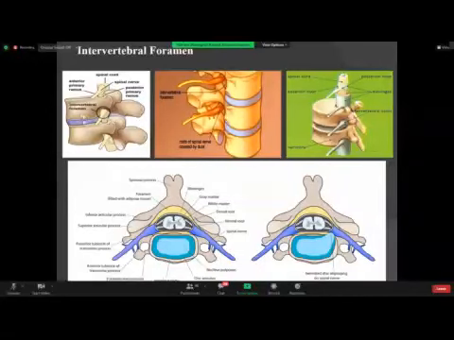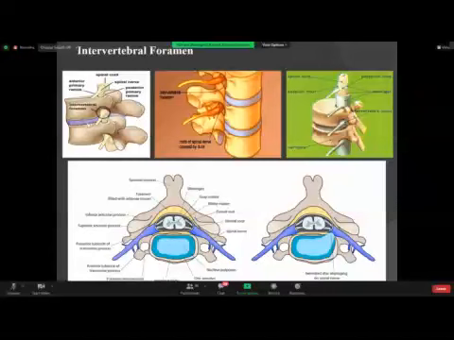The advantage of this disc is that it allows some cushion to the vertebrae, to a certain extent, to absorb the function. The second thing that it does is that it maintains an opening over here for the spinal nerves to come out.